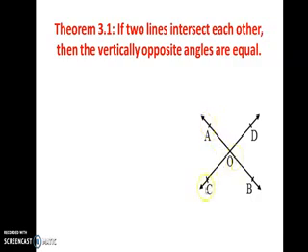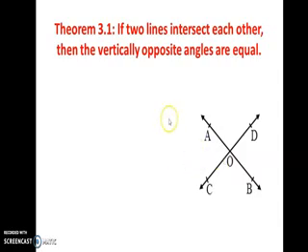Angle AOC and angle BOD, and the second pair is angle AOD and angle BOC. So now you have to prove that the vertically opposite angles are equal. That is, angle AOC and angle BOD are equal, and also angle AOD and angle BOC are equal. Okay, now let us prove.